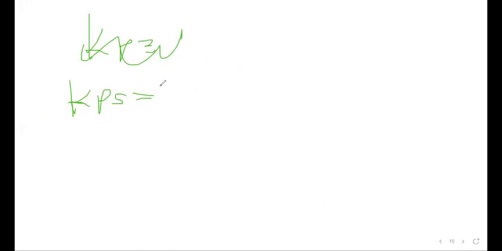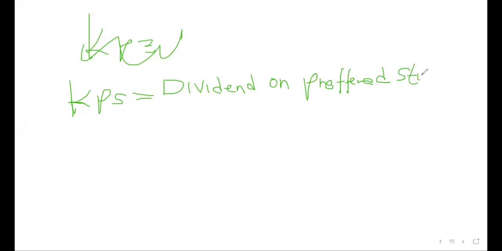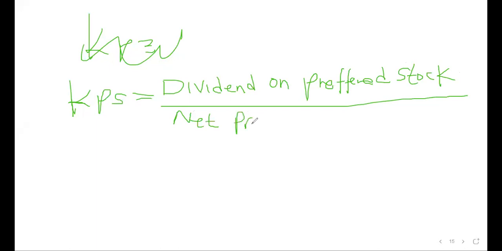Cost of preferred stock is equal to the dividend on preferred stock over the net price of preferred stock, then you multiply this by 100%.